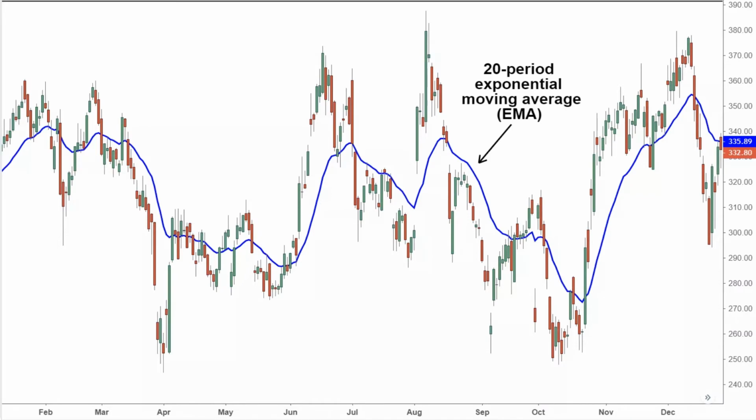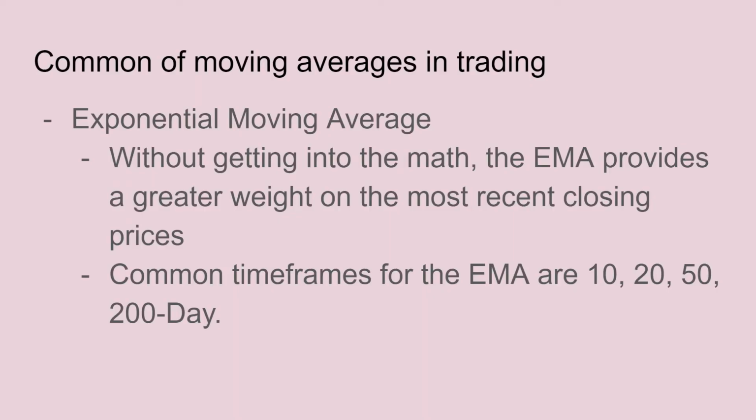Here you can see a 20 period exponential moving average as an example. Exponential moving average is a little bit different. I would encourage you to go look at the definition or the calculation there. Without getting into the math too far, an EMA provides a greater weight on the most recent closing prices.